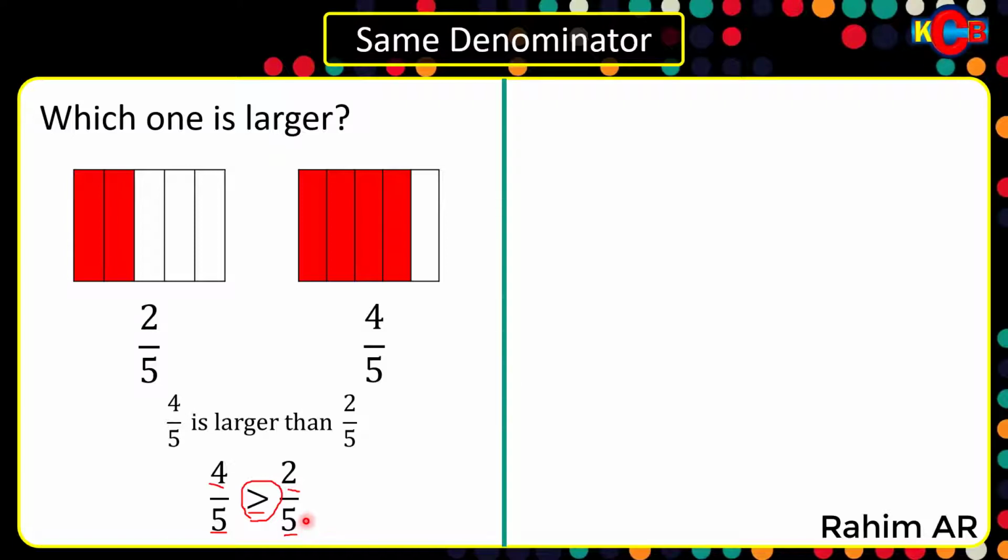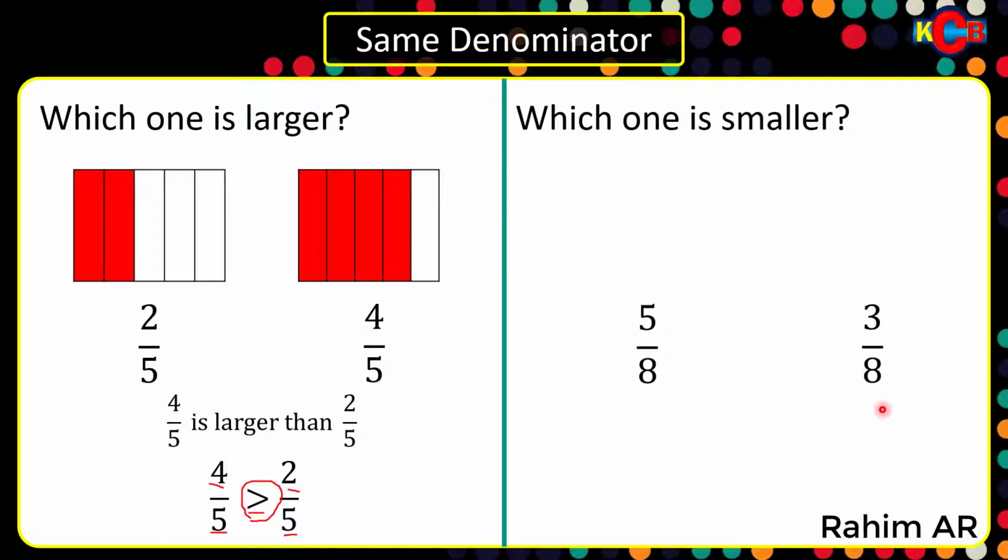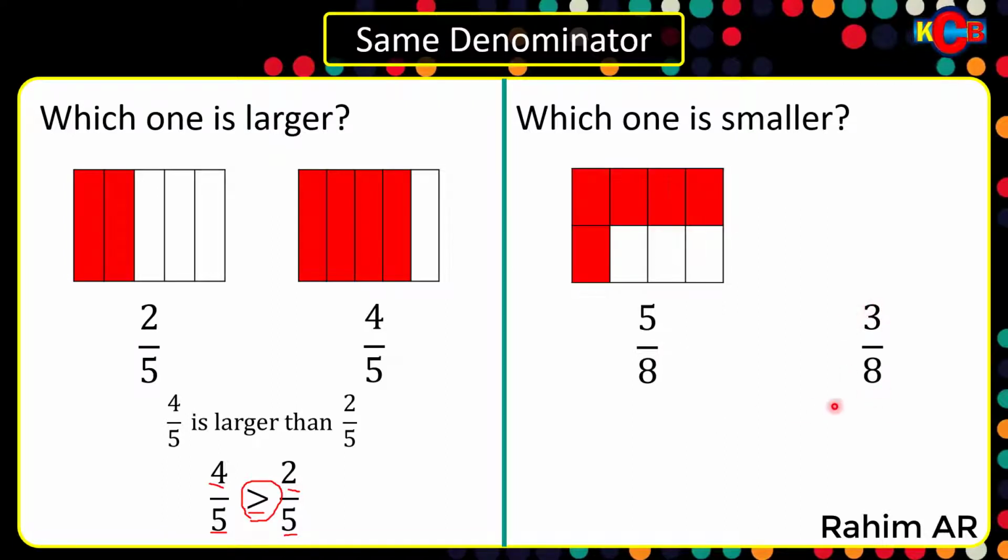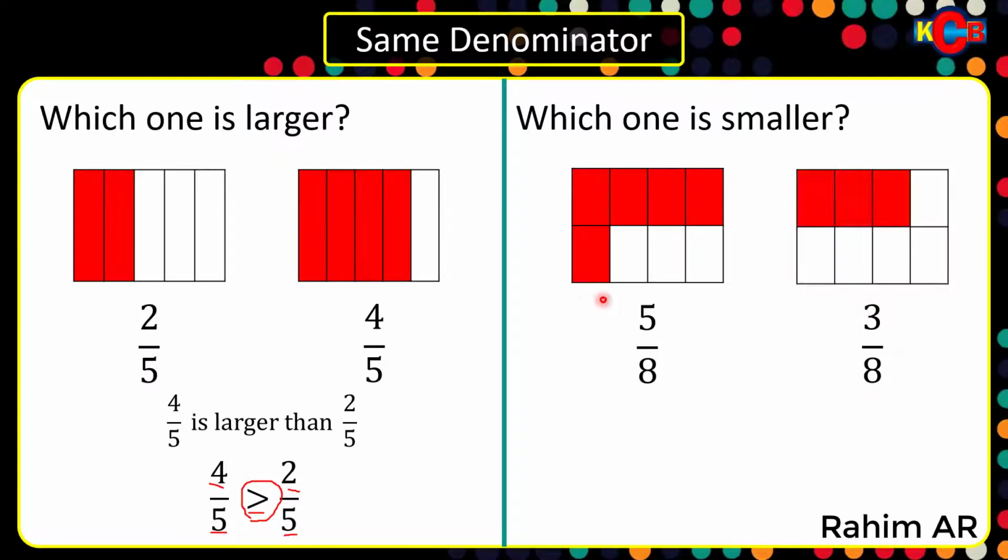Next, which one is smaller between 5/8 and 3/8? Now we visualize the fractions, and as you can see, 3/8 is smaller than 5/8. The denominator is the same, which is 8.